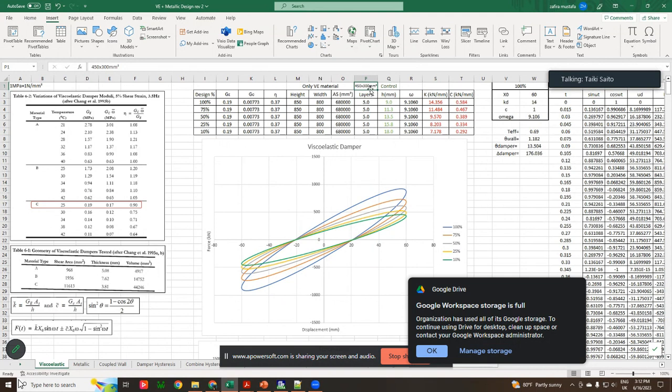Why is the height 850 here? Actually, this one we can control to get the capacity. For example, this capacity is around 800. No, I'm asking about height. Height is 850 millimeter. If you see from here, this is one slice of viscoelastic, and this is the total area, meaning the total viscoelastic. But what is the meaning of height and width here?